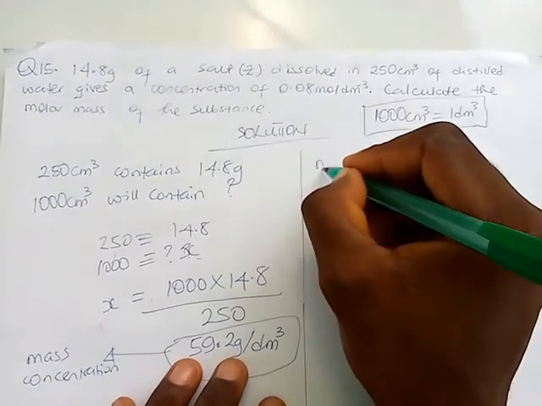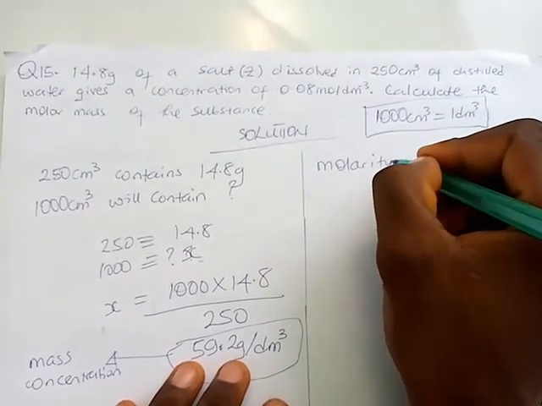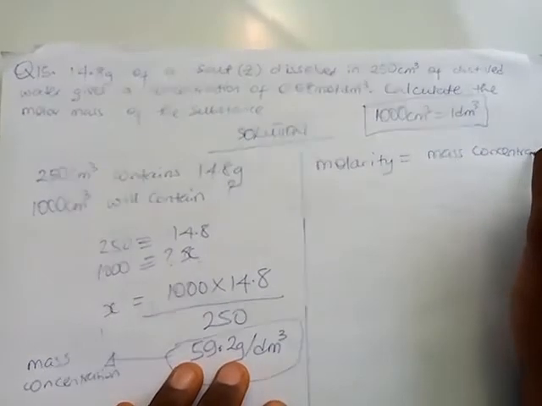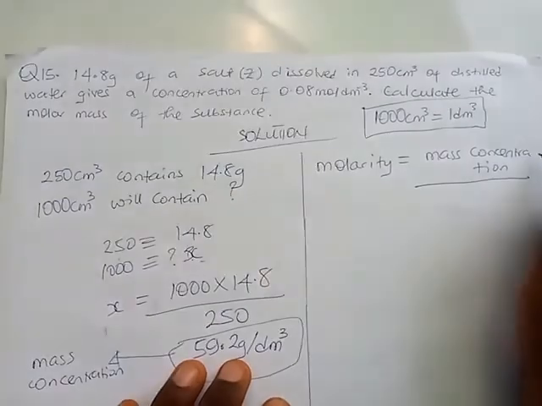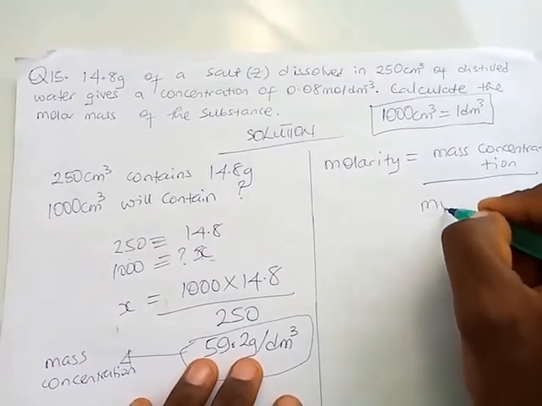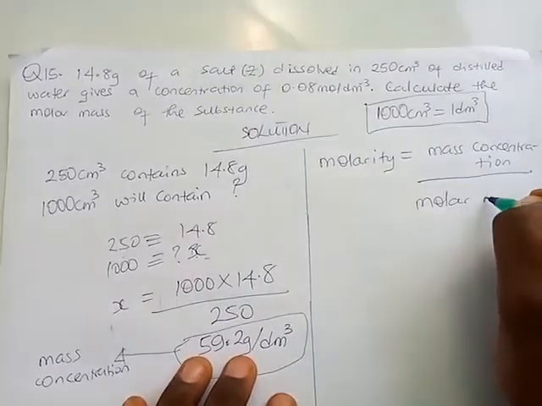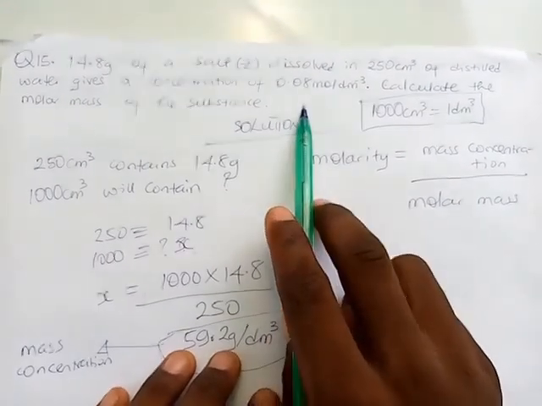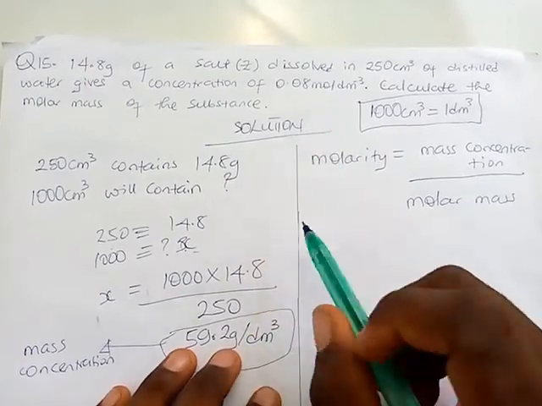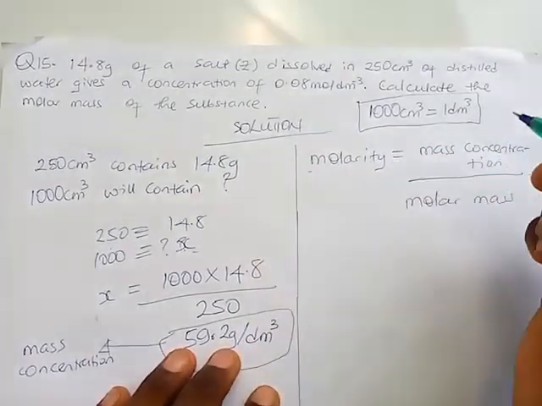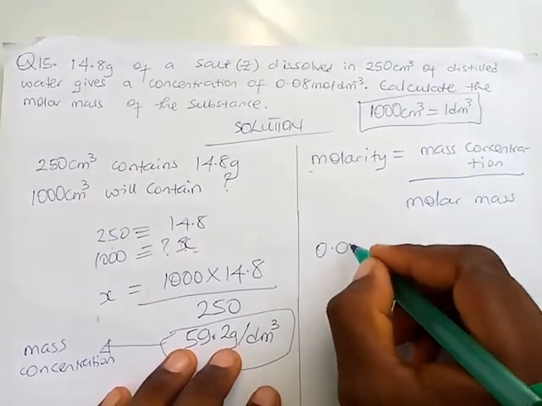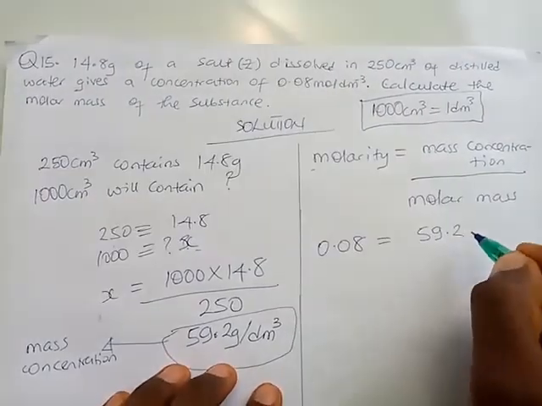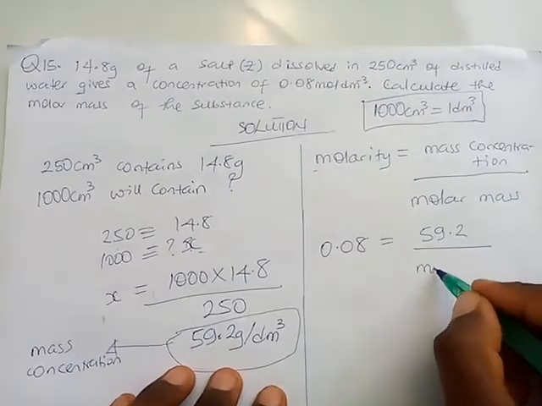We know that molarity is equal to mass concentration all over molar mass. So the molarity or the molar concentration has been given as 0.08. So we have 0.08 is equal to, and here the mass concentration, we obtained that as 59.2 all over molar mass.